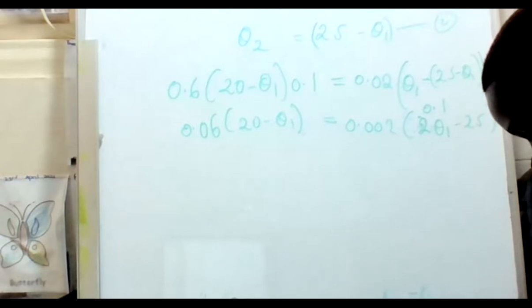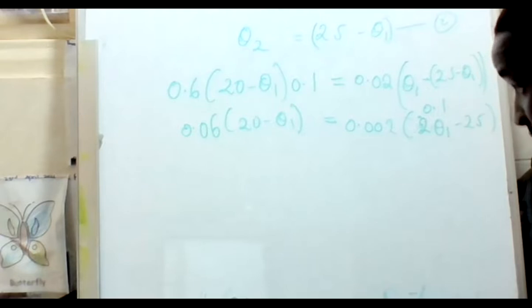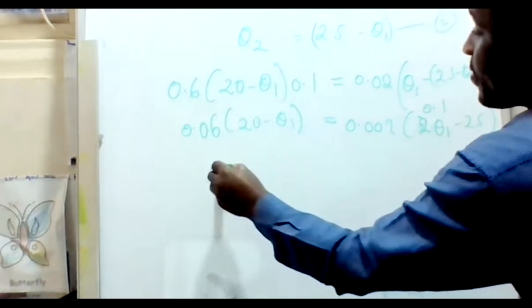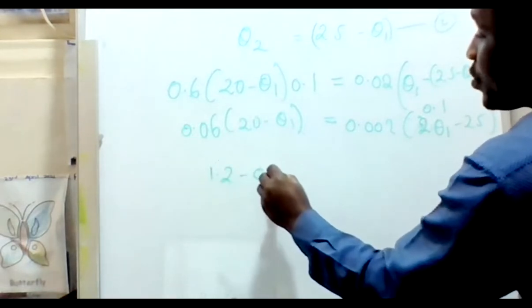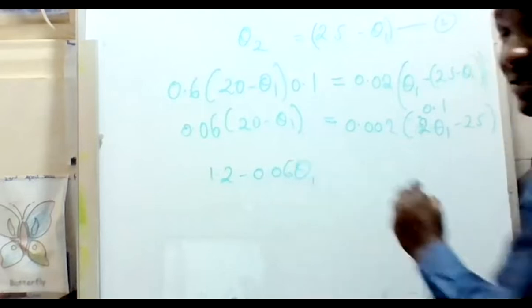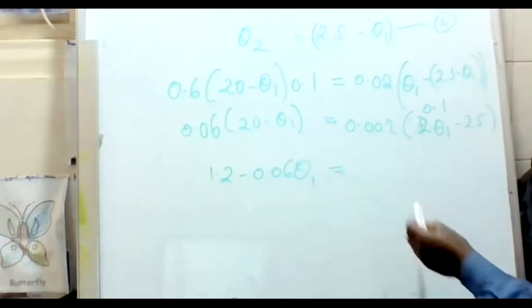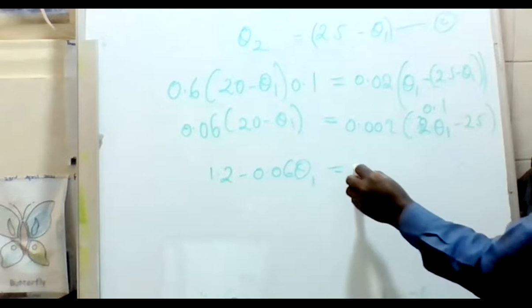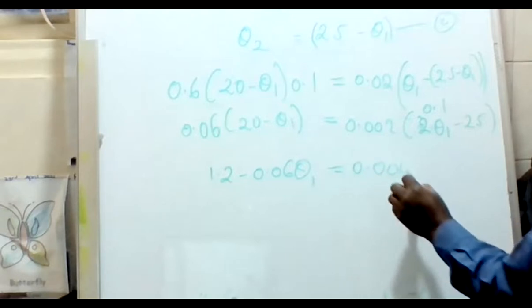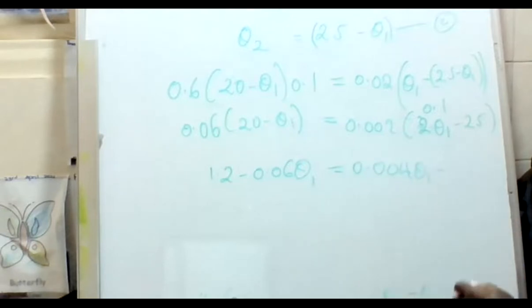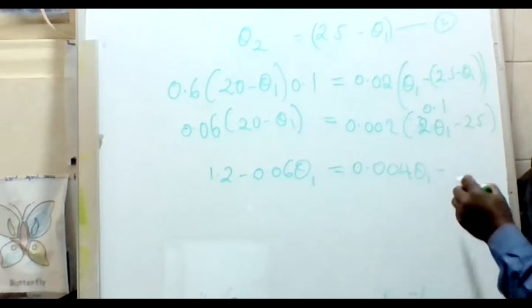We have 20 times 0.06, that is 1.2. We're going to have now 1.2 minus 0.06 theta 1 is equal to 2 times this, which is 0.004 theta 1 minus, if you multiply 25 times 0.002, you come up with 0.05.